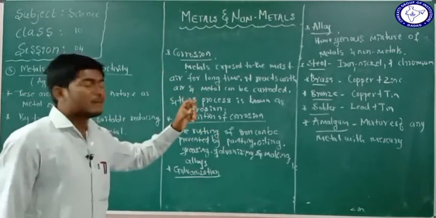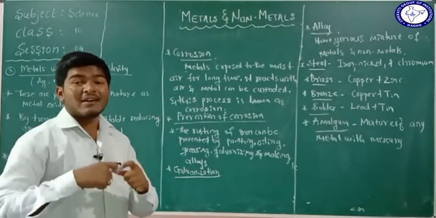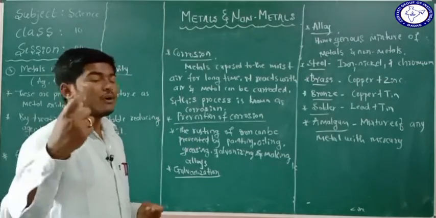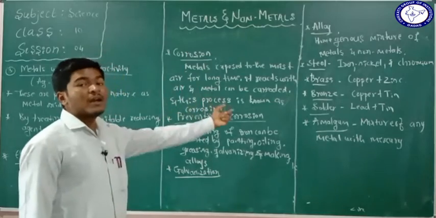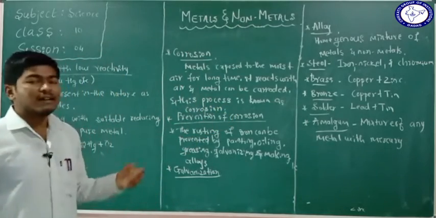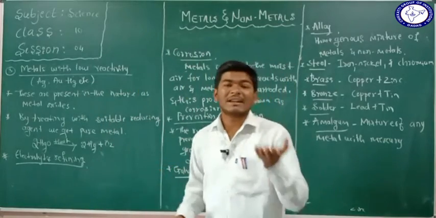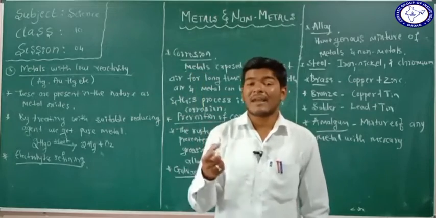That process is nothing but corrosion. So when a brownish layer comes on the metals, we say the metal has been corroded. When corrosion happens to any metal, its activity decreases and its lifetime or life period decreases.